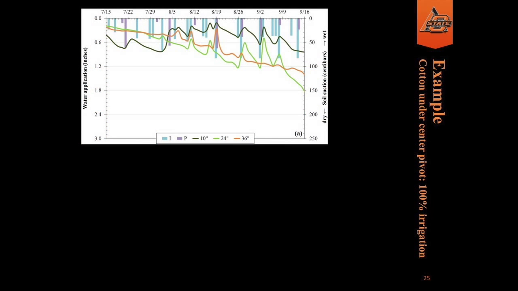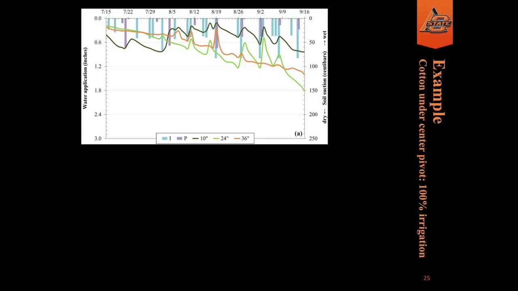So these are some of the lines, and I know there are lots of lines there and it's a little bit confusing, but basically the vertical bars are either irrigation or precipitation events, and the lines that you see here are soil moisture at 10 inches below the surface, 24 inches, and 36 inches. And the closer the lines are to this top axis, that means the higher moisture content.